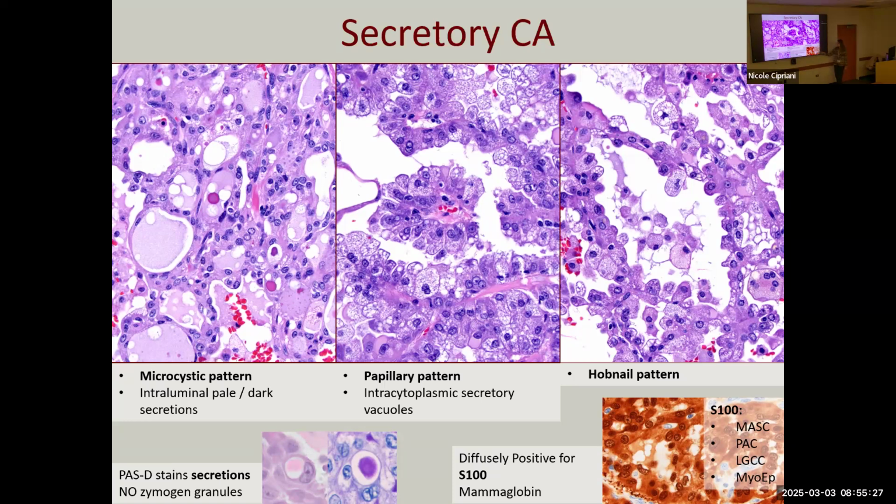There are some other tumors in which S100 is diffusely strongly positive. We already saw, MASC is written here because this tumor used to be called mammary analog secretory carcinoma, but no longer is that the case. It's just secretory carcinoma. So S100 is diffusely strongly positive in secretory carcinoma, polymorphous/cribriform adenocarcinoma.